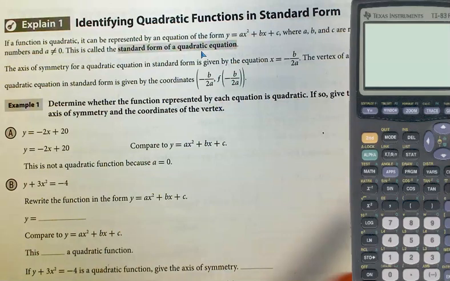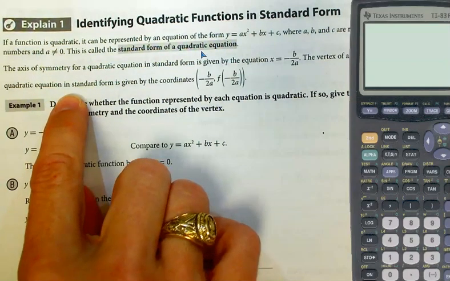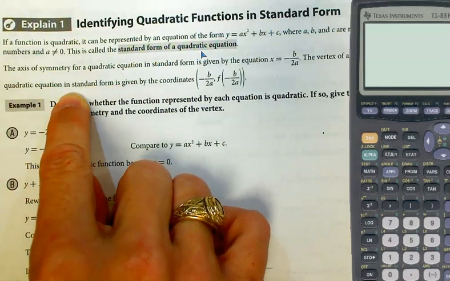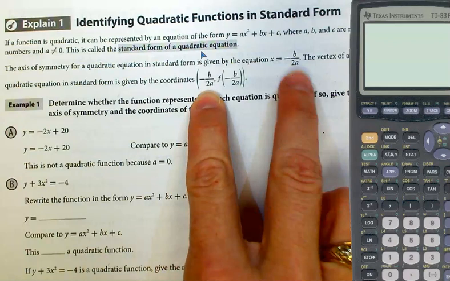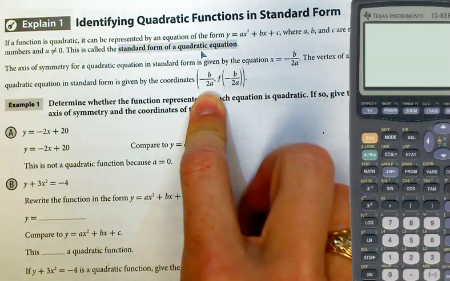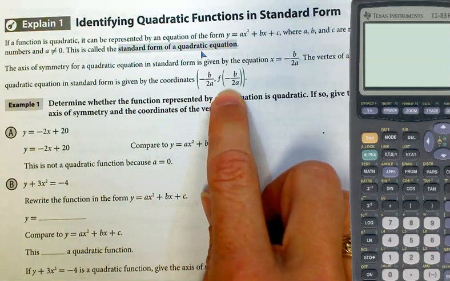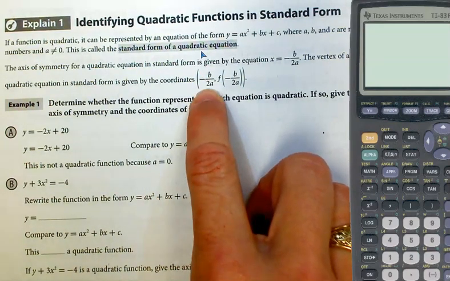Then, could you figure out the vertex if you had a quadratic equation written in standard form? And again, the answer is yes, okay? Your x value is the same as your axis of symmetry, but then your y value is the y value that you get when that's your x value.